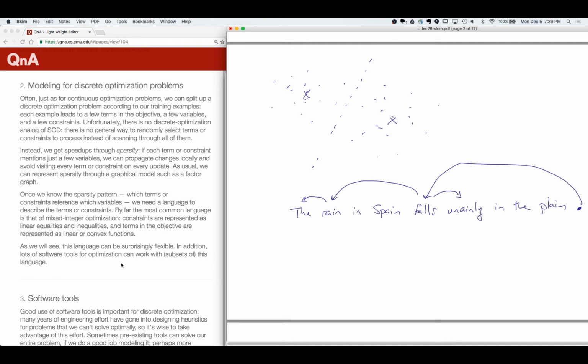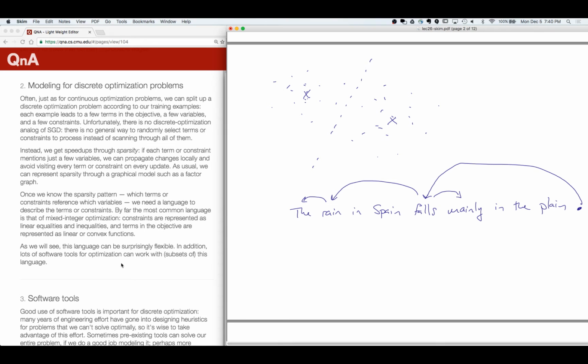One way that they're different is kind of unfortunate, which is that, you know how stochastic gradient descent will randomly pick a term in the objective to take the gradient of. There's no analog that I know of to SGD. In particular, there's no algorithm I know of that can just randomly pick constraints or randomly pick terms in the objective to handle, at least not one that's as effective and widespread as SGD.